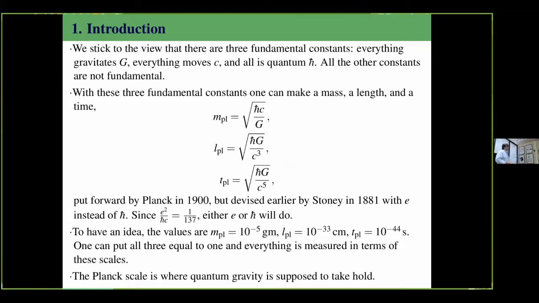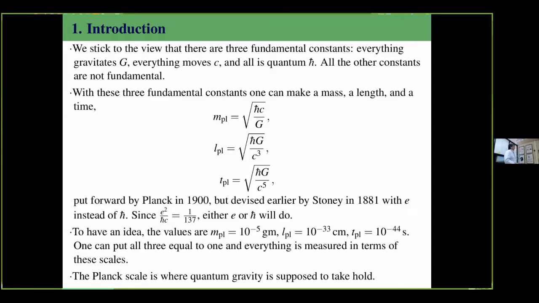In 1881, he also proposed this system, but with e. Since e squared over ħc, the fine structure constant, is a constant, either e or h will do. So Stoney was 20 years ahead of Planck. But people say that these are Planck units.